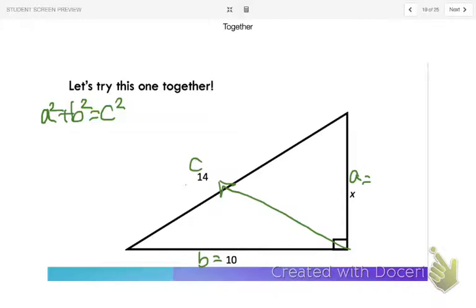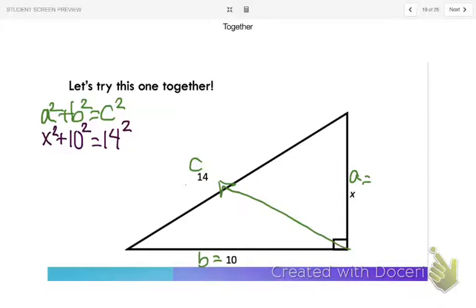Next step is substituting in our known values. So I know that a is x squared. I know that b should be 10. Don't forget the little square. And that c is actually 14. Don't forget the squared. Okay, so now my next step is actually evaluating these.